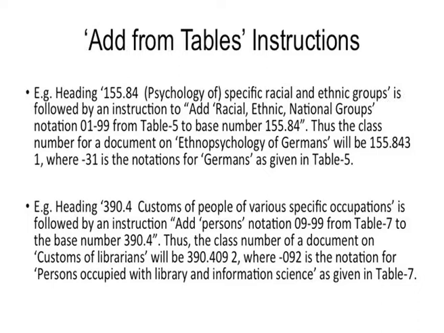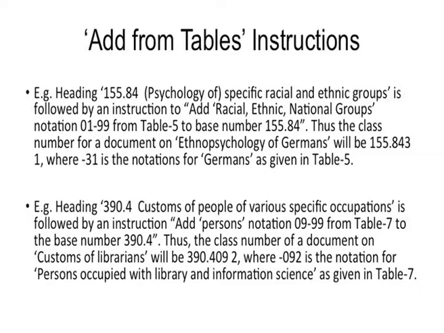We take another example. One heading is 155.84, psychology of specific racial and ethnic groups. It is followed by an instruction that says add racial, ethnic, national groups notation 01 to 99 from table 5, meaning any notation from table 5 can be added to the base number 155.84.